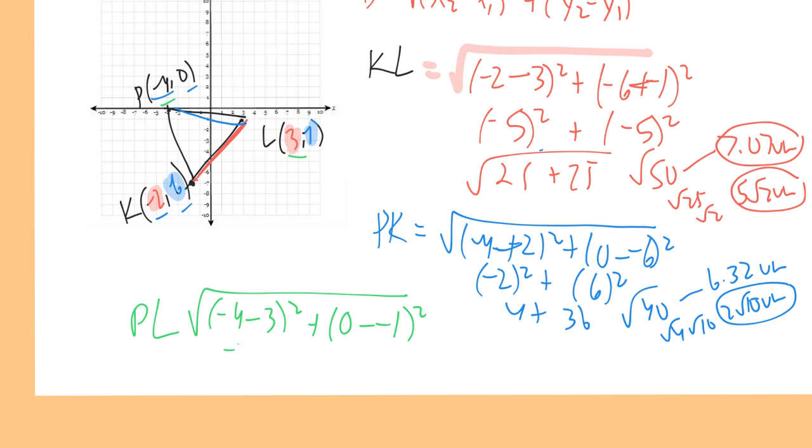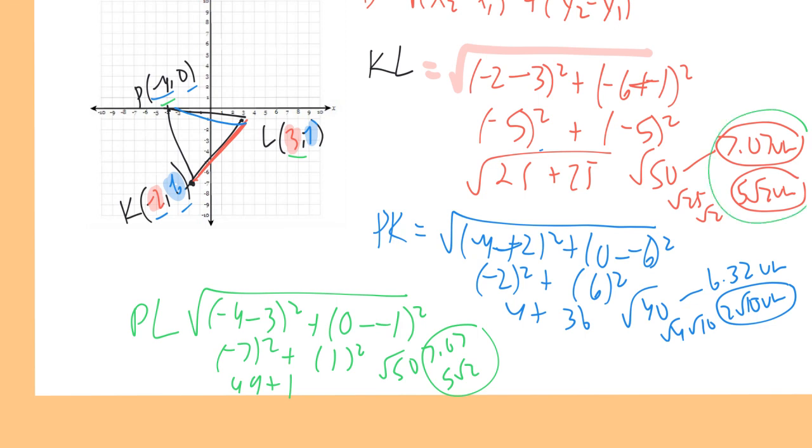And you're going to get -7 squared and 1 squared. You get 49 plus 1. The square root of 50, we did that up here. It's 7.07, and you get 5 radical 2. So the truth is, if these 2 distances match, it's isosceles. So 2 of the 3 sides are congruent, so therefore you have an isosceles triangle. Okay, there you go. Have a good day.